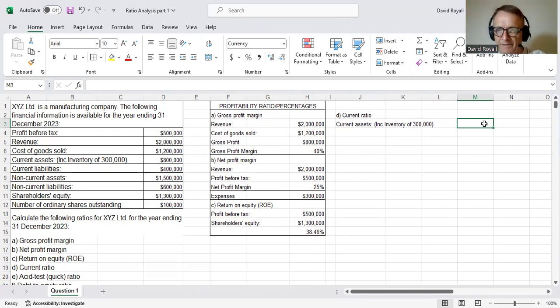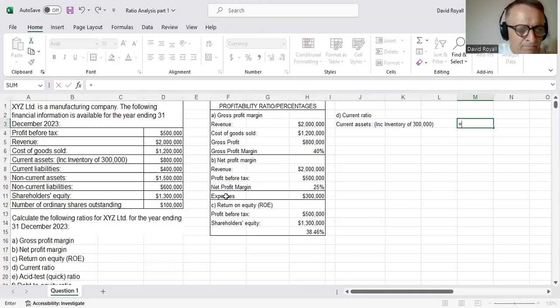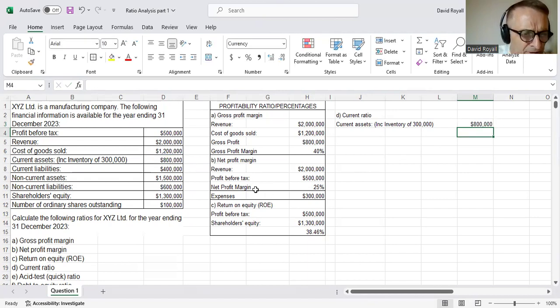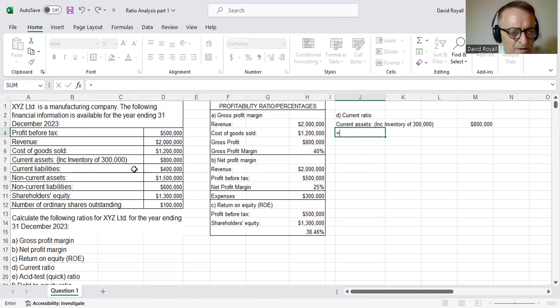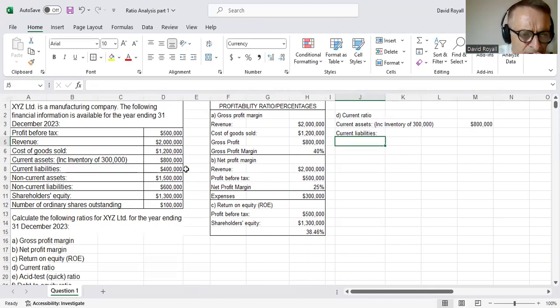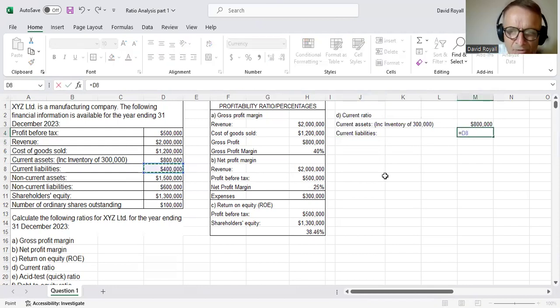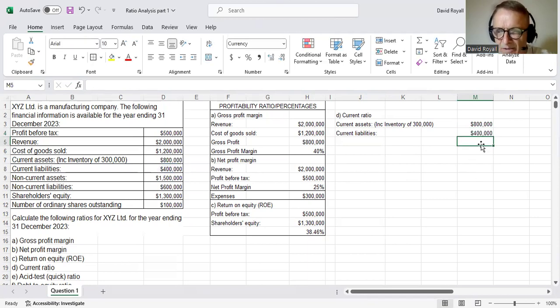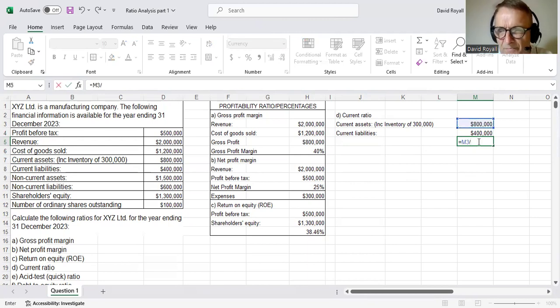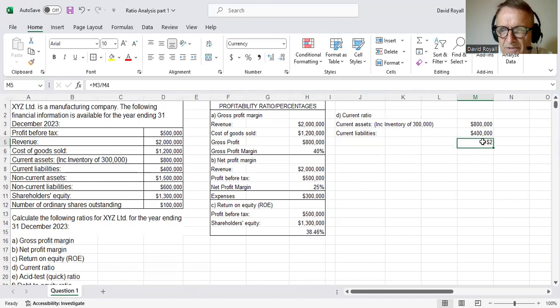Well, I'm not interested. We'll need that next time. So the current assets we've got as 800,000, and then I want the current liabilities. That equals 400,000. Right, we've got a very, very easy figure. Now, all you do is it's just current assets divided by current liabilities. And that gives us, now it's quite important here, to format that as a number.